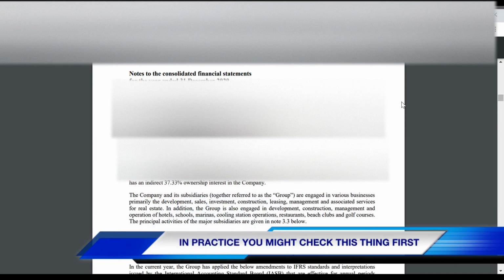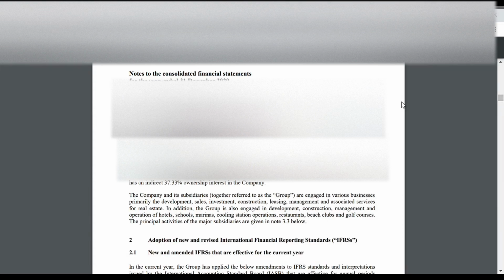Another thing that we want to check is the information on the company's activities. If you see my other video on establishing if shares are halal or haram, this was one of the conditions: the business activities should be permitted activities in Islam. Note number 1 says that the company and its subsidiaries are engaged in various businesses, primarily the development, sales, investment, construction, leasing, and management of associated services for real estate.